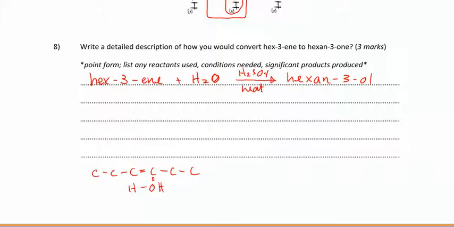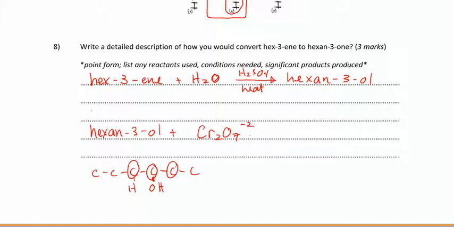Step number 2 then is to oxidize this alcohol into a ketone. This is a secondary alcohol because this carbon is attached to 2 other carbons. And to oxidize an alcohol, it's always the same reactants. I'm going to react it with dichromate, so Cr2O7 2-, or you could say K2Cr2O7, which is just the salt version of it, the ionic version of it.